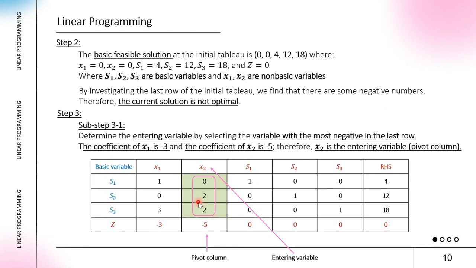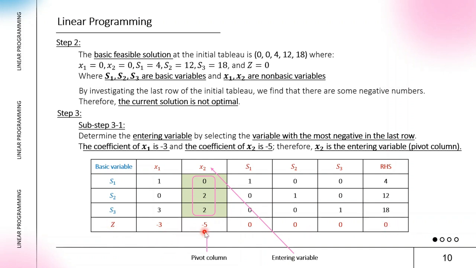in the first substep of step 3. To improve the objective, we select the entering variable. For a maximization form of the optimization problem, we choose the variable with the most negative coefficient in the objective function row, or in the last row.